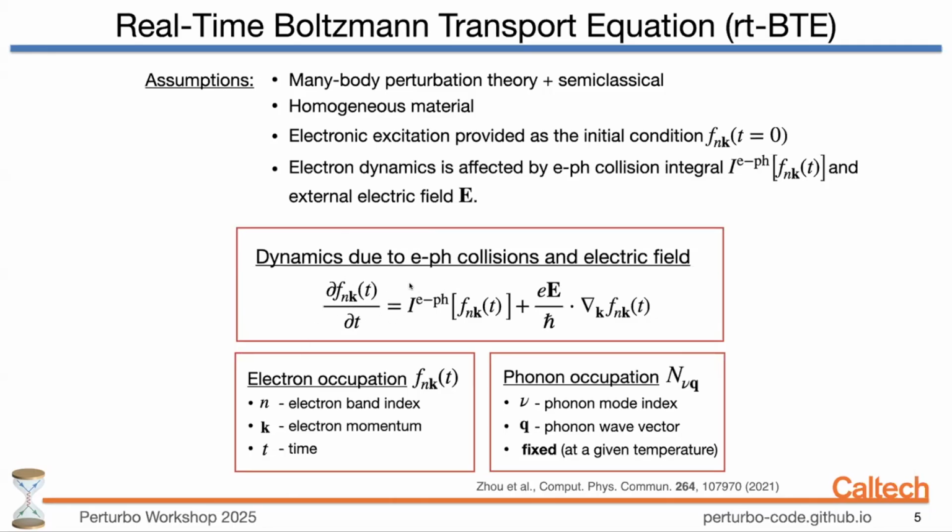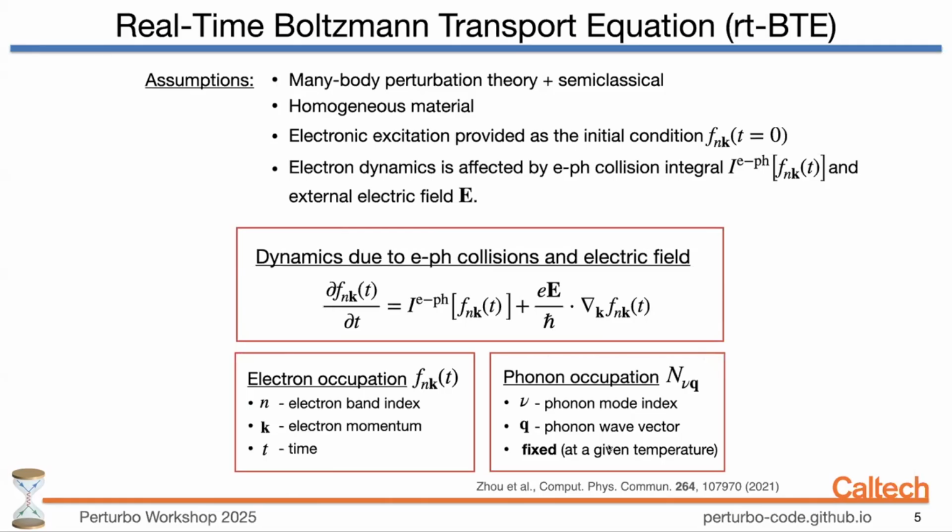And the time derivative of the electronic populations is the sum of the collision integral I_EPH of electrons and phonons. And then there is an implicit population of phonons also in this collision integral, which we name as big N_νq, where ν is the phonon mode index and q is the wave vector.